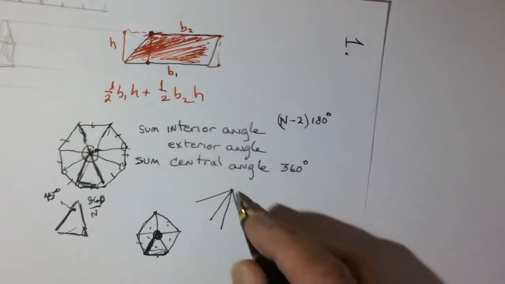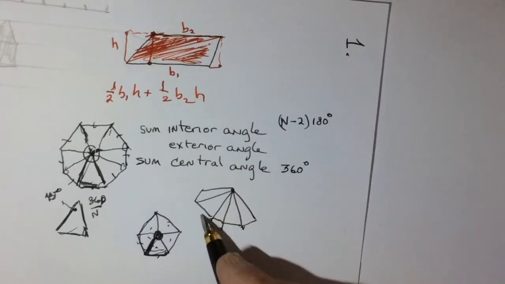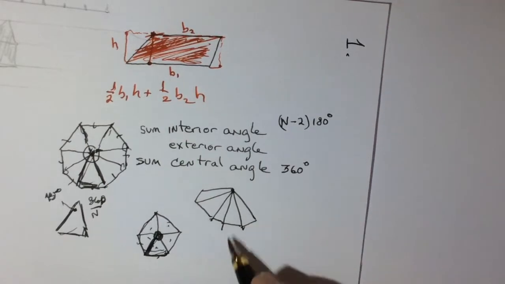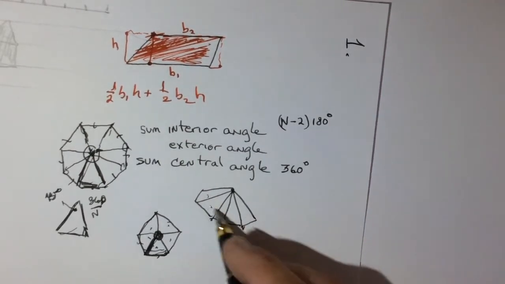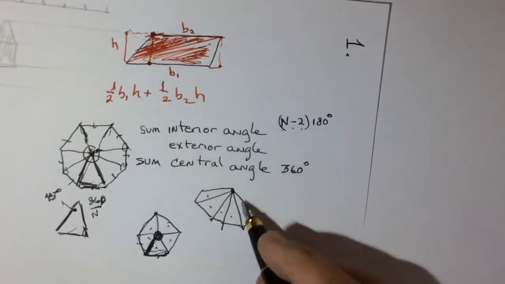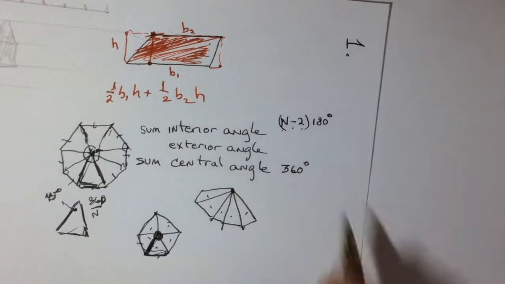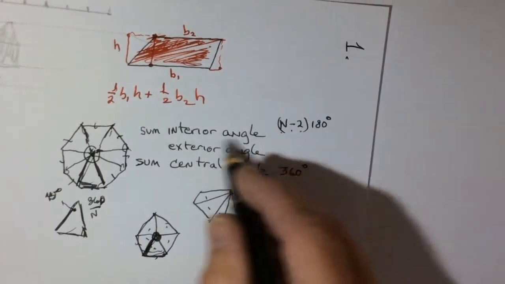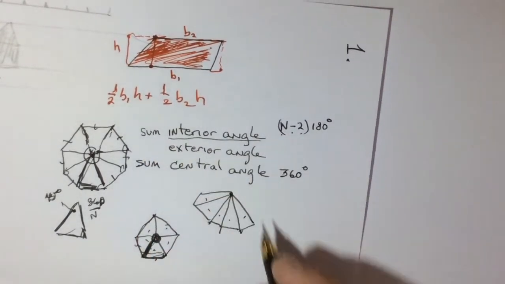If you want to see it, this shape, which has 1, 2, 3, 4, 5, 6, 7 sides, has 1, 2, 3, 4, 5 triangles. n minus 2. And each triangle has 180 degrees in it. That's how you find the sum of the interior angles.